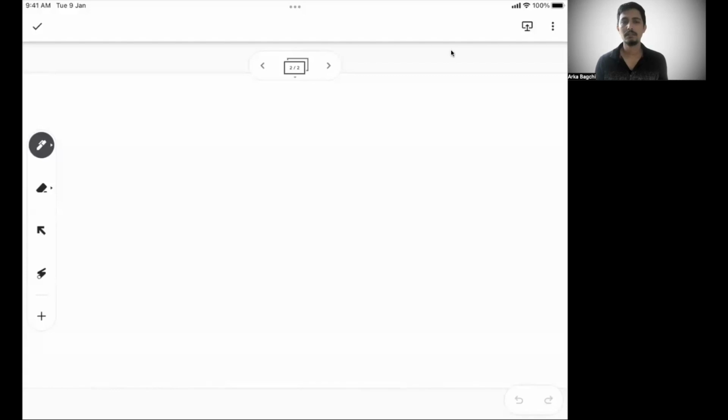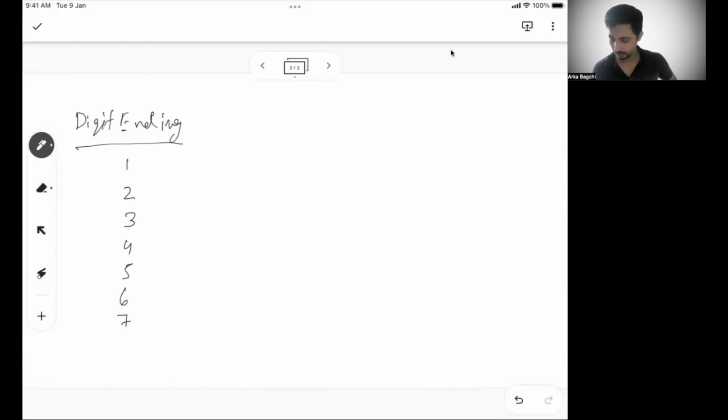Before solving the pattern, let's see what we know. Any number can have one of the ending digits 1, 2, 3, 4, 5, 6, 7, 8, 9, or obviously 0.